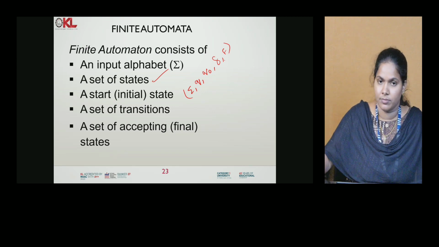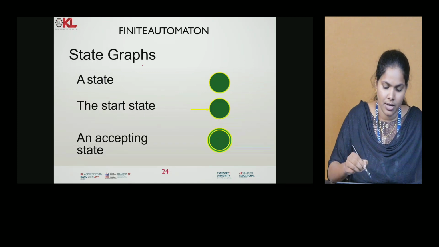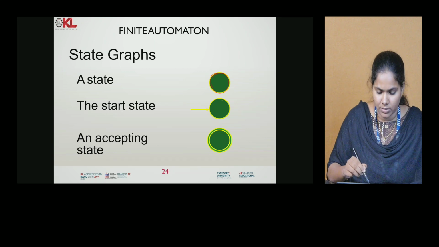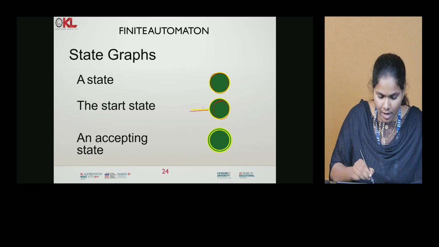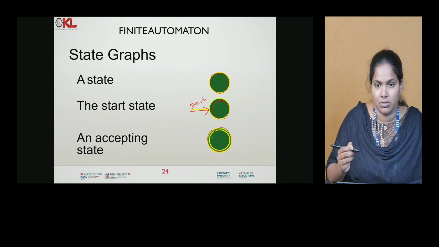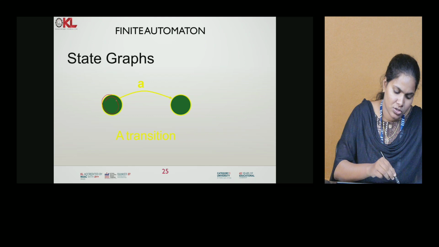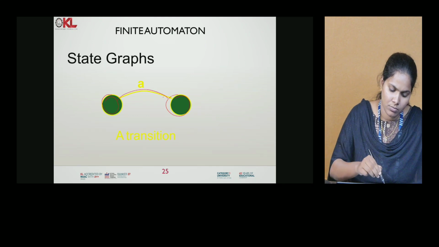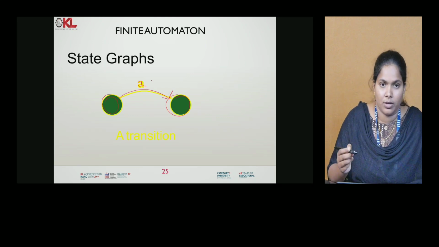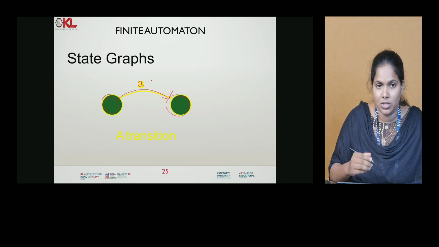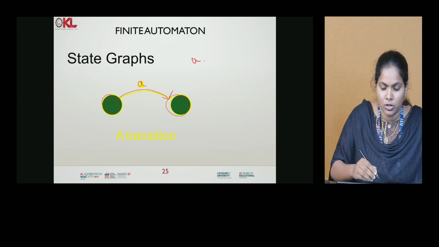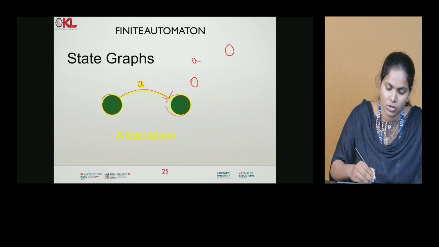So you can see this is one state, the starting state. The starting state has this incoming arrow, and this is a final state. The transition is nothing but going from one state to another state on an input symbol, right? If the input string contains A, it should have 2 states in order to pass it, so it goes from one state to another state.